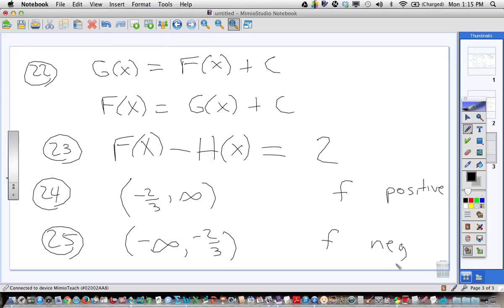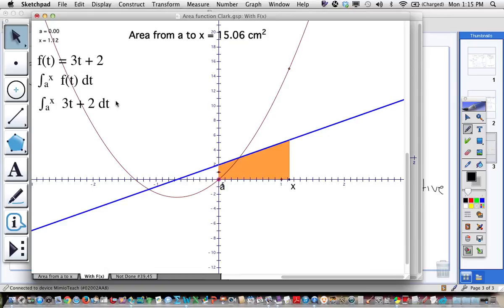26, is F concave up anywhere? When is big F concave up? That was big F. Right? When little f is increasing, which is always, right? And if you go back to the picture that we had up here, it was always concave up.